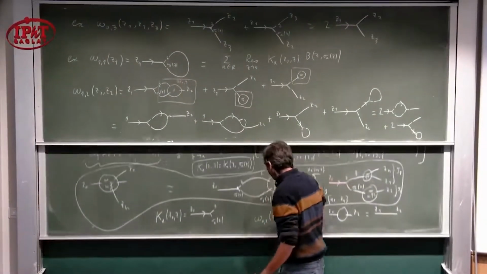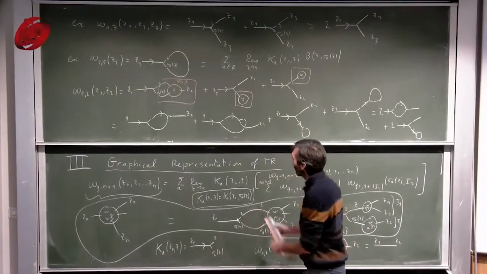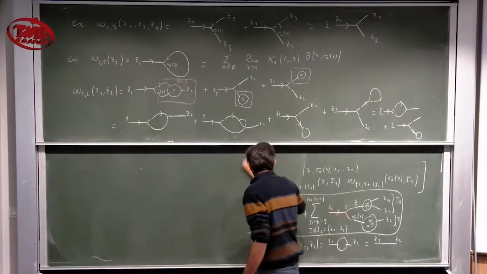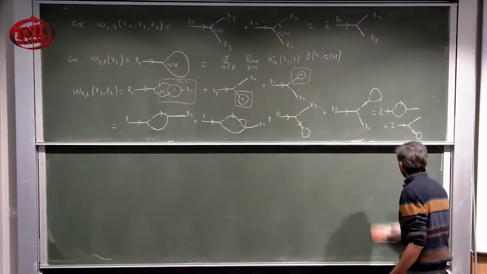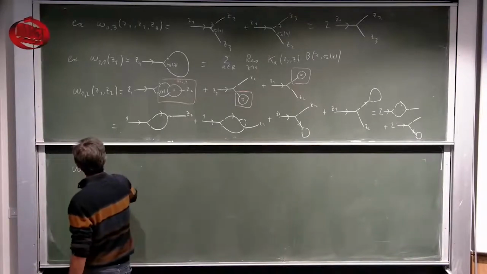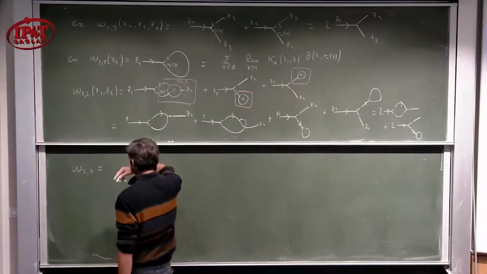Well, let me just give you what is omega 2, 1, for example, to go a little bit further. So omega 2, 1 with these notations, and I'll let you do the exercise if you want.